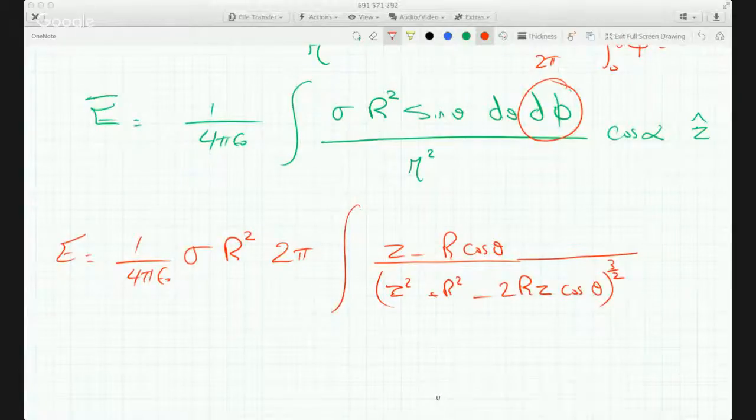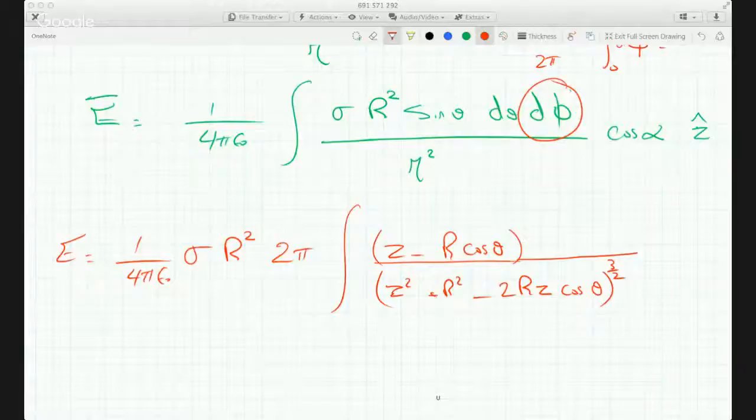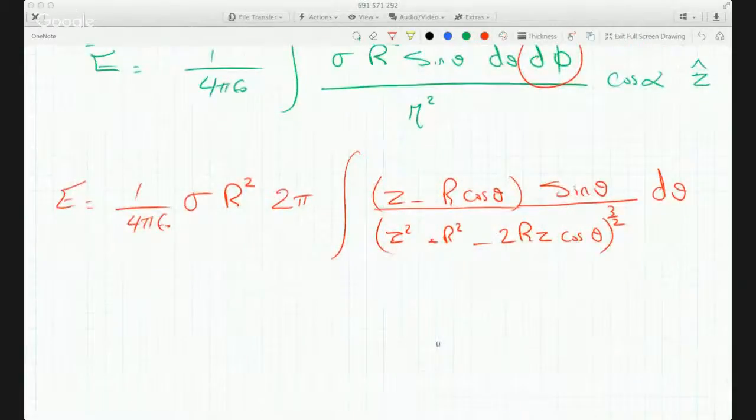A sine multiplied by sine theta d theta. Okay, so now it's a matter of evaluating the integral. Oh, and by the way, theta goes from 0 to pi.